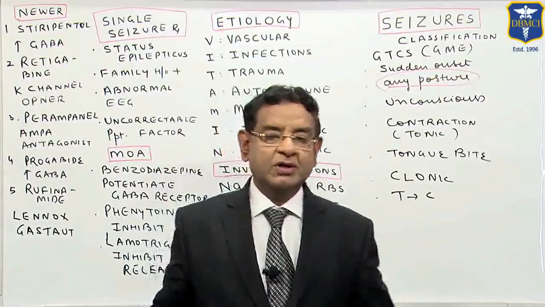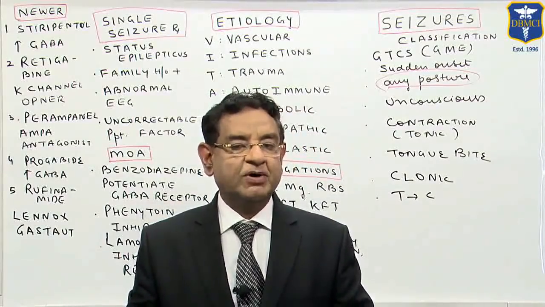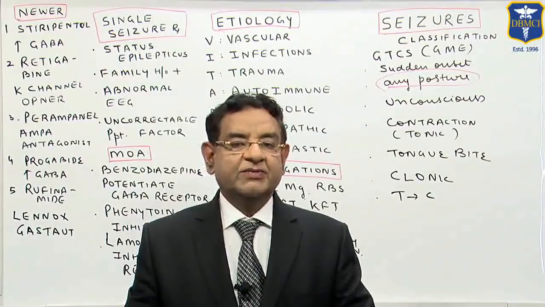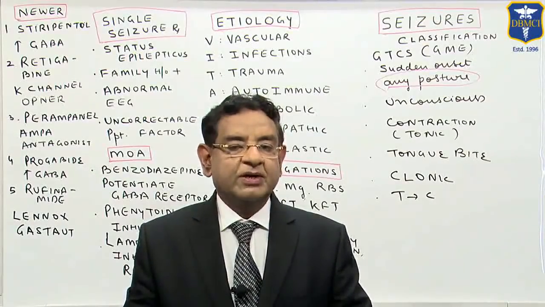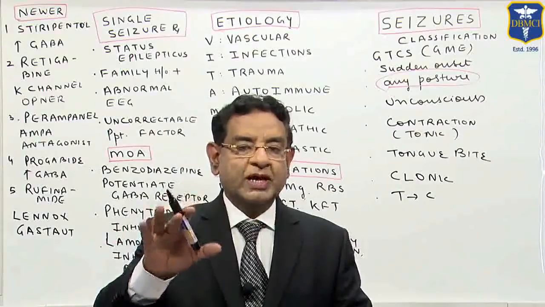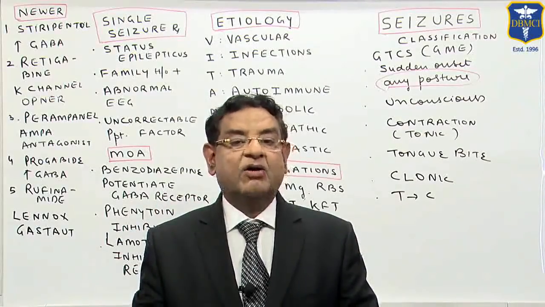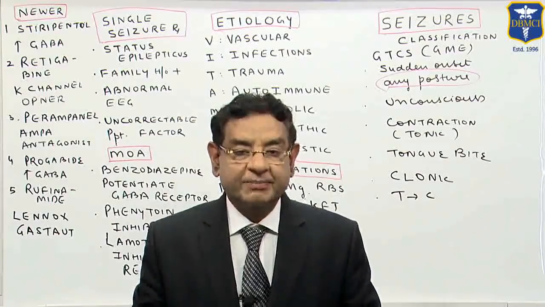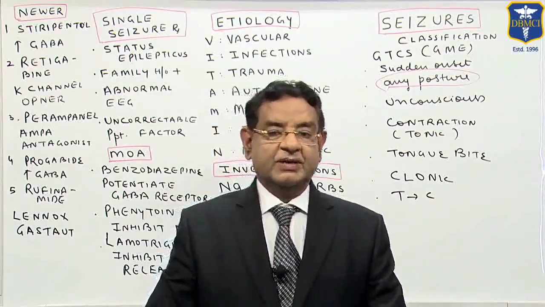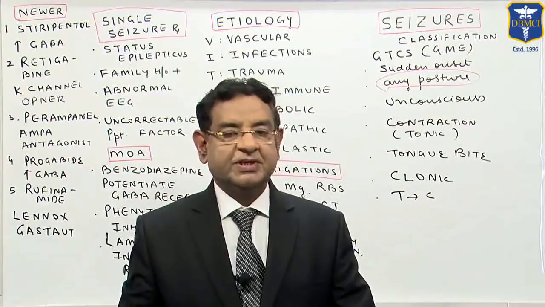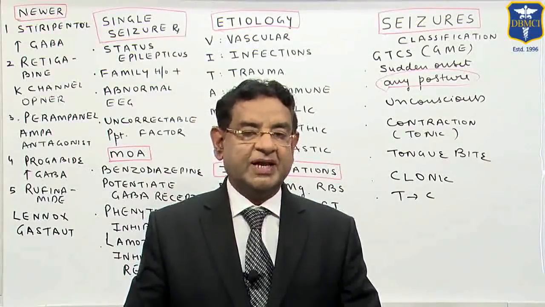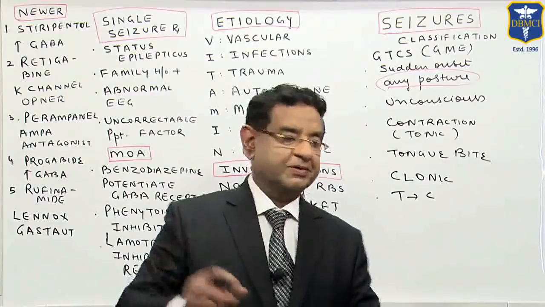And one more classical feature which is described about tonic clonic phase. When this all is going on, onlookers, those who are looking at the patient, they are always scared of looking at the patient. If the ladies are around the patient, they usually scream, they cry when they look at the patient.